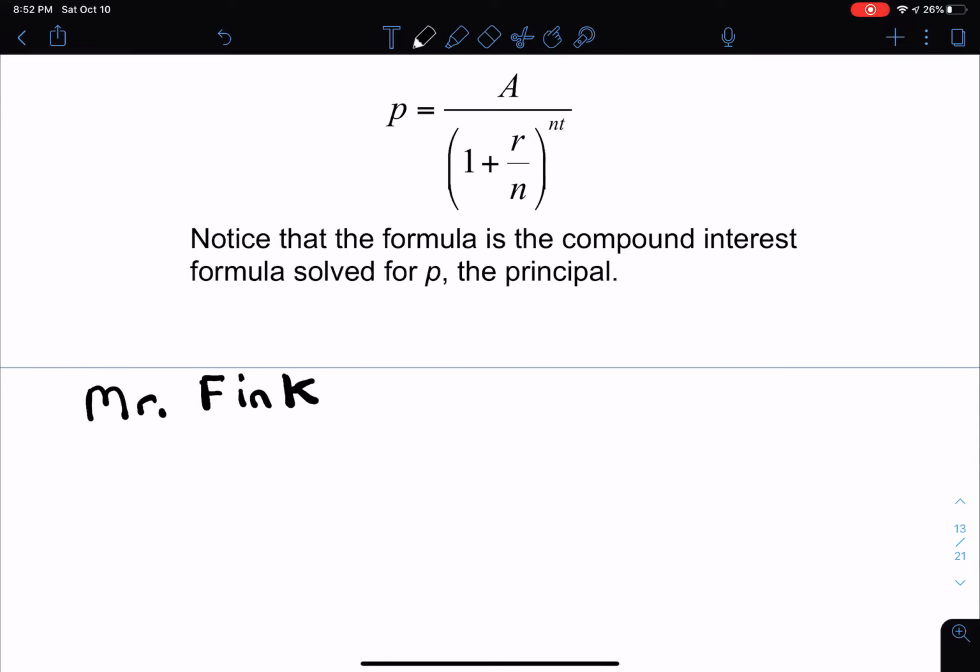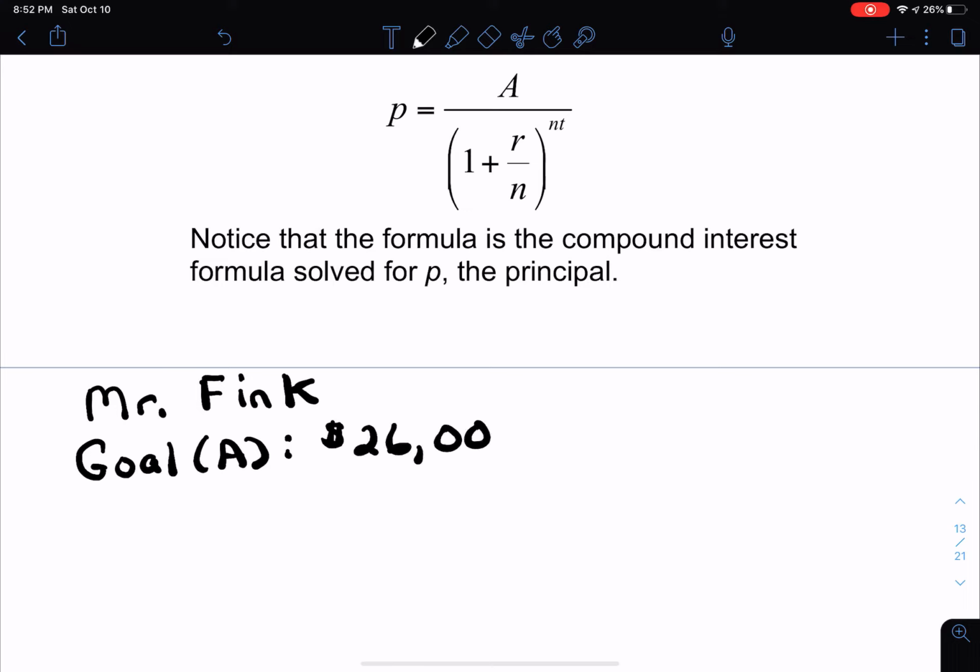But anyways, Mr. Fink's goal is to have $26,000. So that's the A. In order to start a new lawnmower repair business when he retires in 15 years. So the 15 years is the T. That's when he's going to retire.